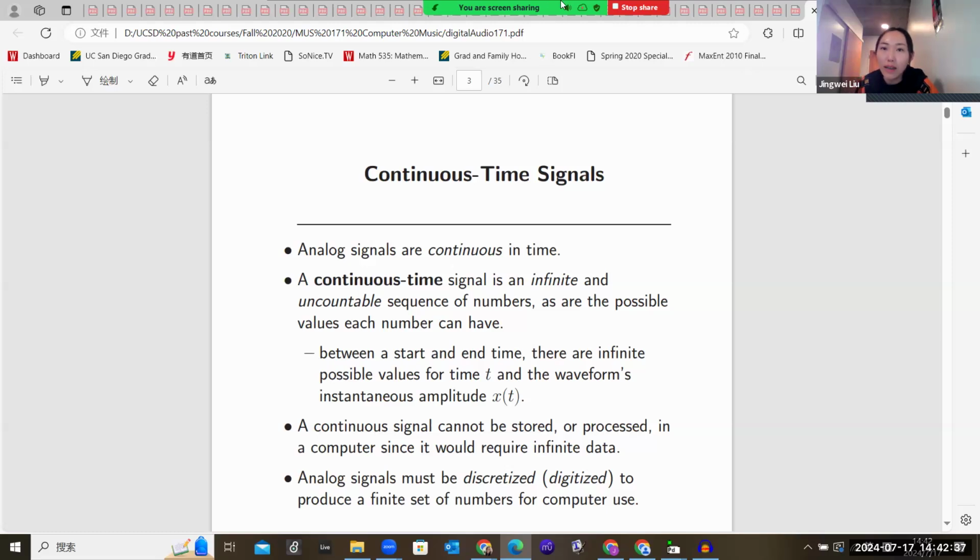But the problem is that the human hearing range is from 20 to 20,000 Hertz. So if there is a tone of a frequency like 40,000 Hertz in nature, we call it ultrasonic.